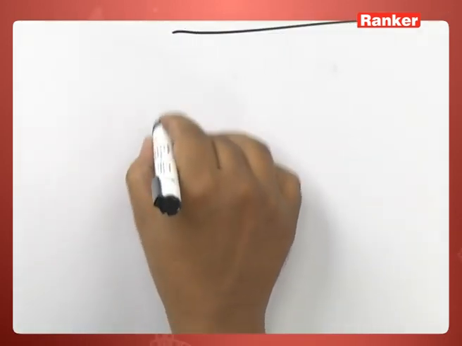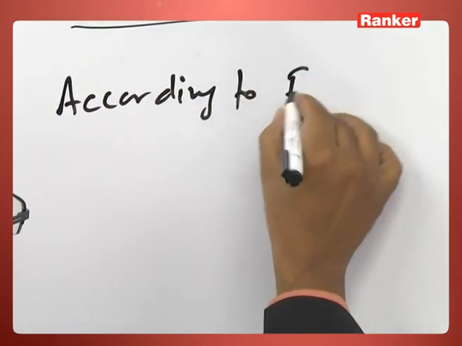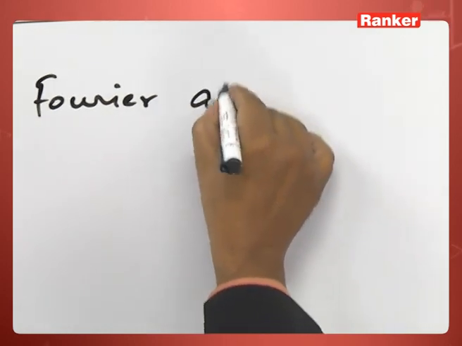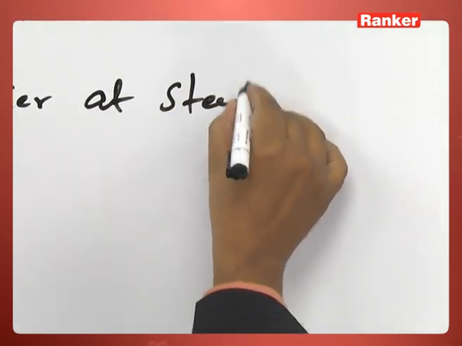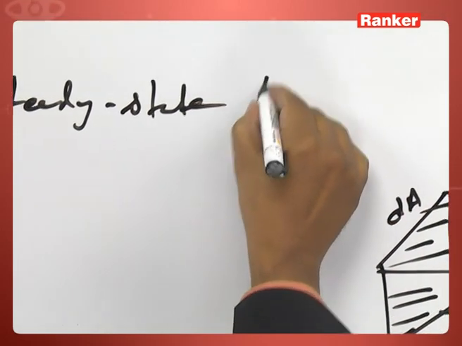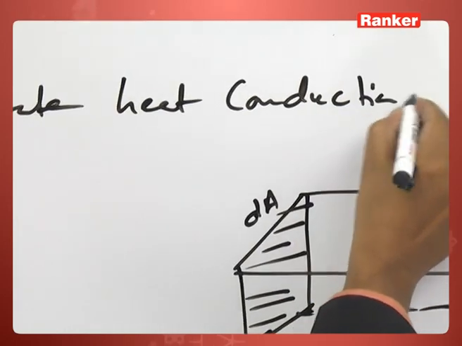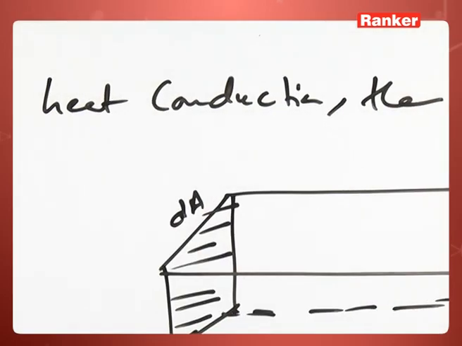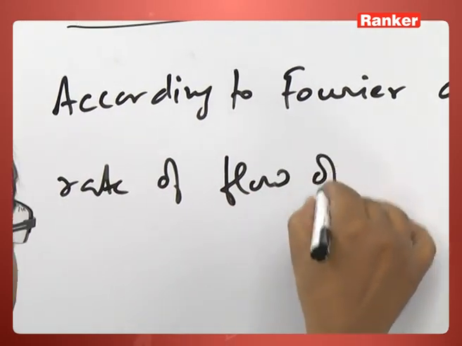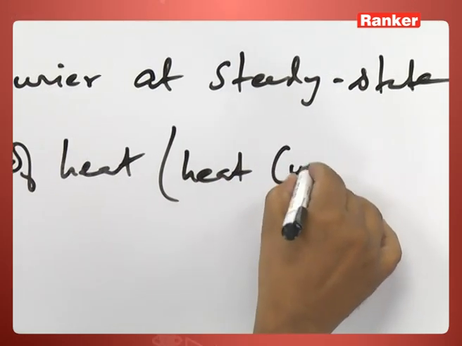According to Fourier, at steady state heat conduction, the rate of flow of heat, we call this the heat current.